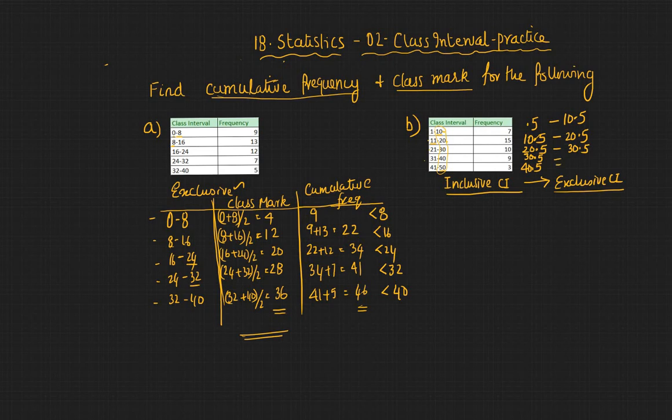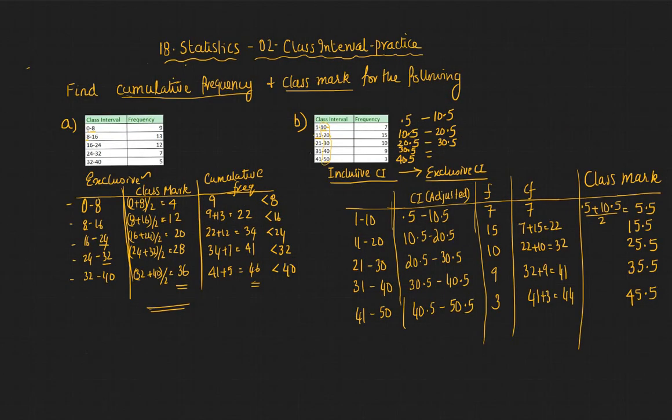At this moment, I would urge you to pause this video and try to convert this into an exclusive class interval and write the cumulative frequency and class mark. So pause the video here. Here is the answer for this question. You should have got the cumulative frequency like this, and the adjusted class interval like this.